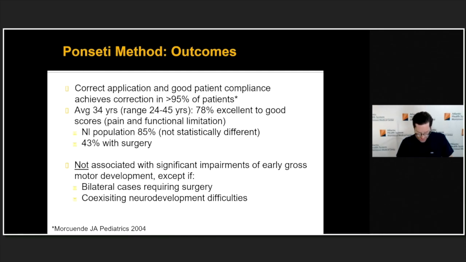This is more of a procedure. And kids with neurodevelopmental difficulties tend to have some impairments, as opposed to kids who otherwise do not have these difficulties.